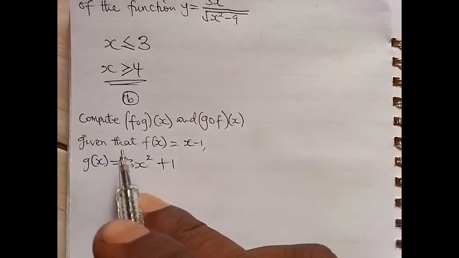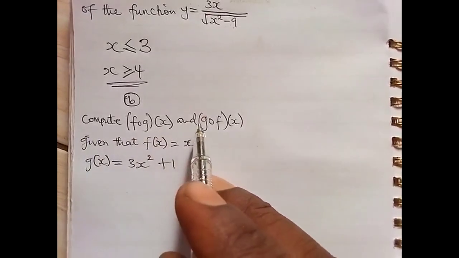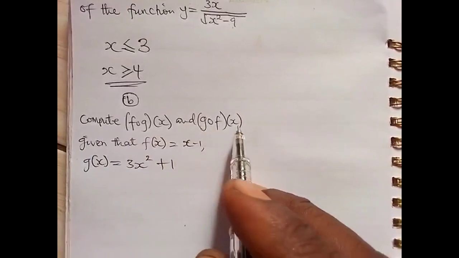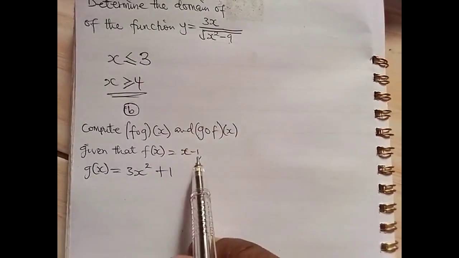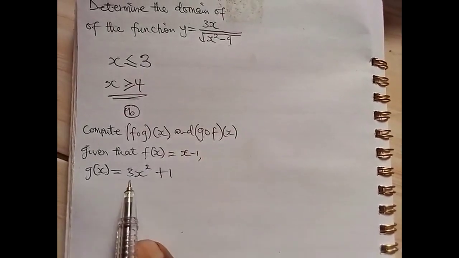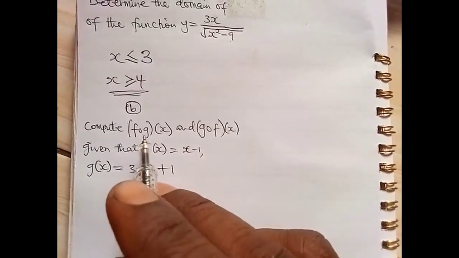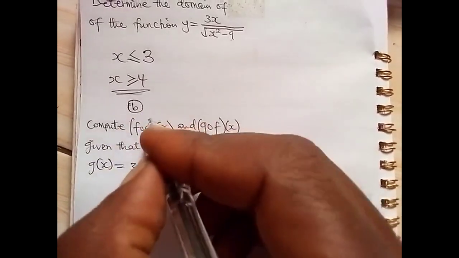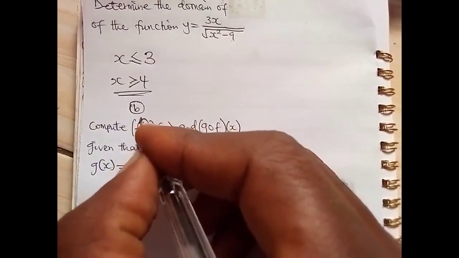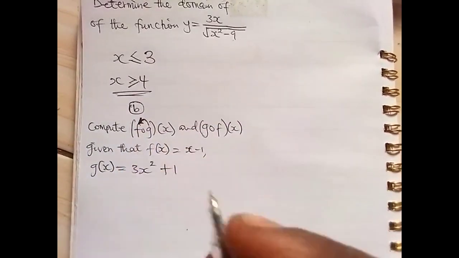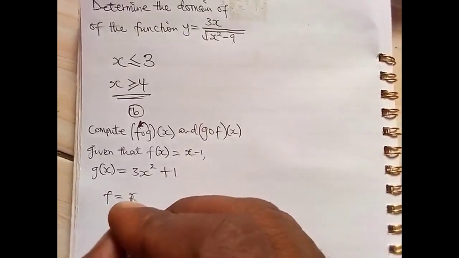The next question says, compute f of g of x and g of f of x, given that f of x is x minus 1, and g of x is 3x squared plus 1. What this simply means is, take the value of g and put it in whenever we see x in f, because f is x minus 1.